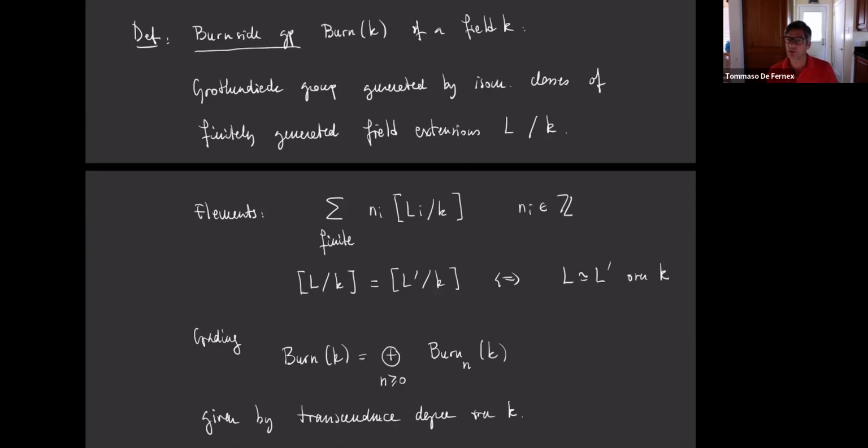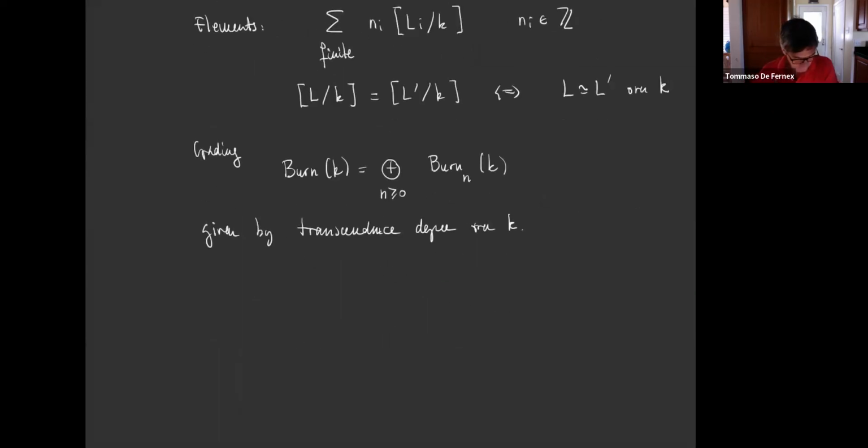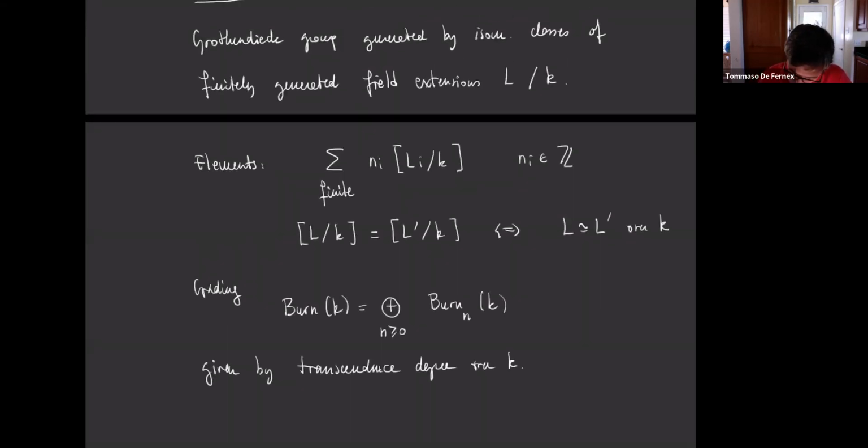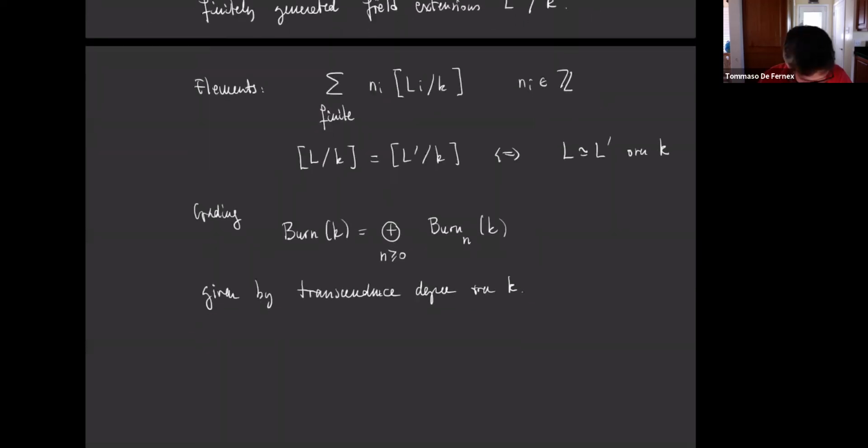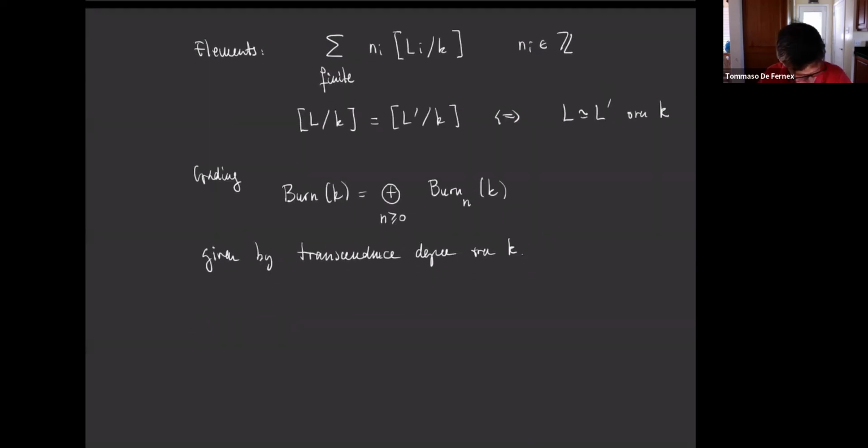If you're thinking about the Grothendieck ring of varieties, you can think similarly here. This would be generated by rational classes of varieties, because there is a correspondence between a rational class, varieties being birational, and their function fields being isomorphic.